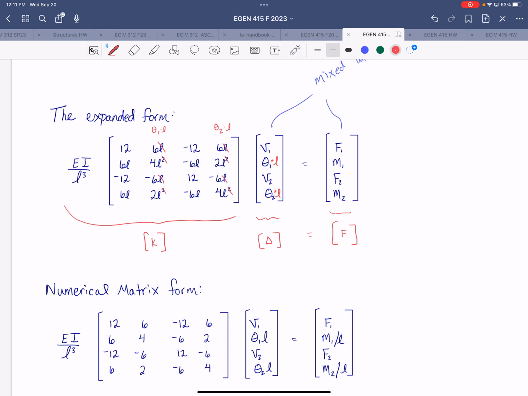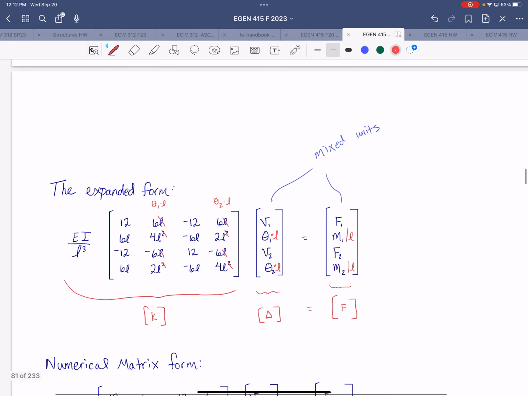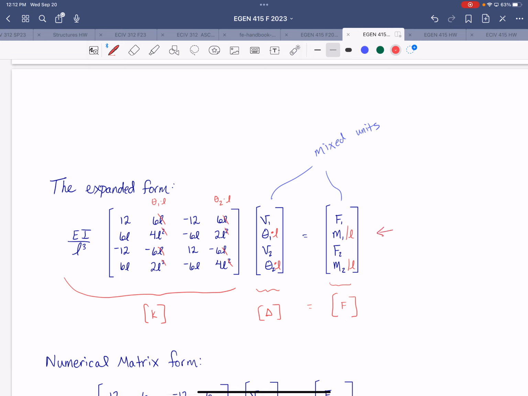So we've just eliminated one L term from columns 2 and 4. And then the remaining L terms exist in rows 2 and 4, which will correspond to our moment rows. So if we divide our moments in the generalized force matrix by the length, now we have made those units consistent in both the delta and F matrices.